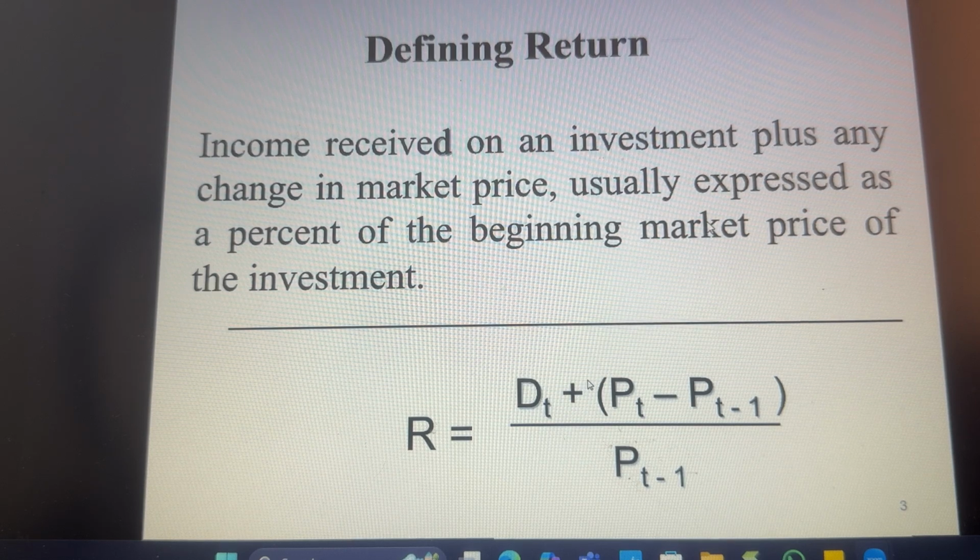The price can increase or decrease compared to the previous year's price, so what is the change in price? We consider the dividend income plus this capital gain income, relative to the previous year's or beginning price. From that, how much return is there? In percentage terms, that is what we define as return. So return is basically these two terms.